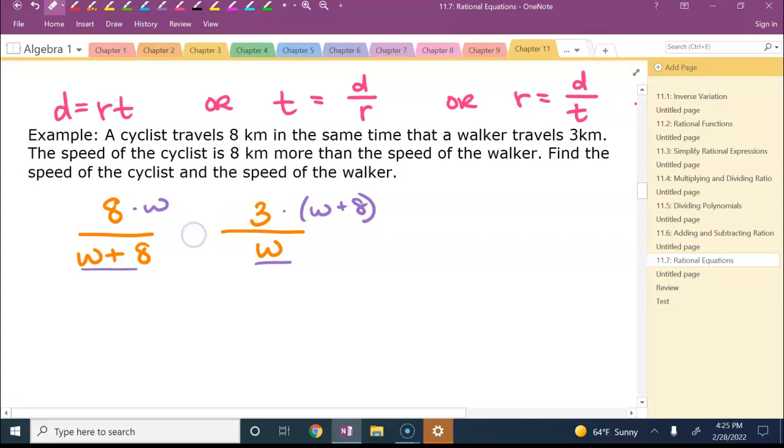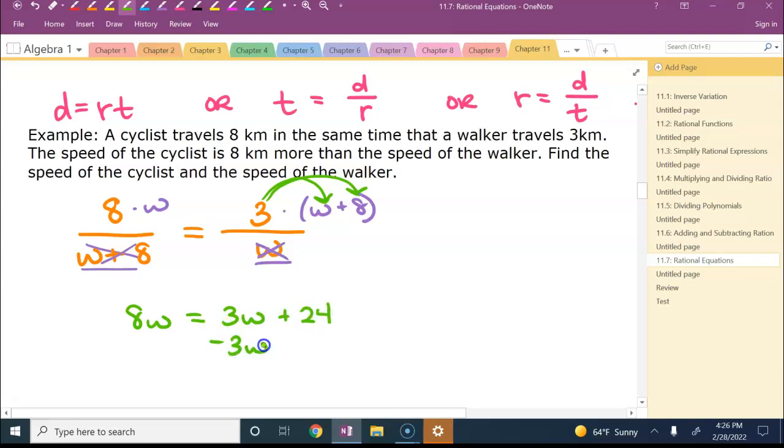This should be an equal sign because they are doing the same time here. So what I'm going to do now is my denominators are going to cancel. I've got 8W equals, distribute the 3. So it says 3W plus 24.